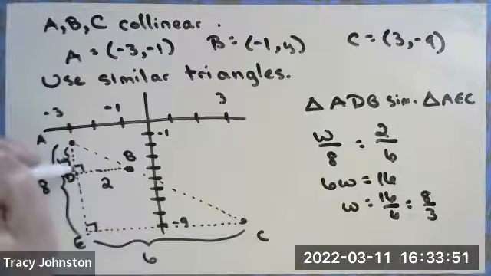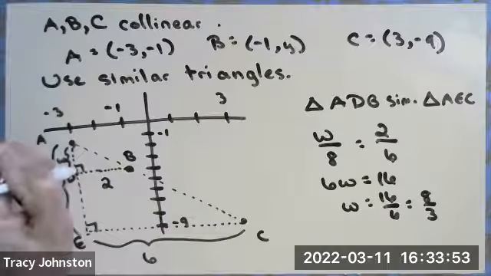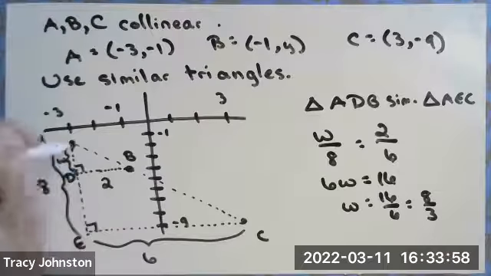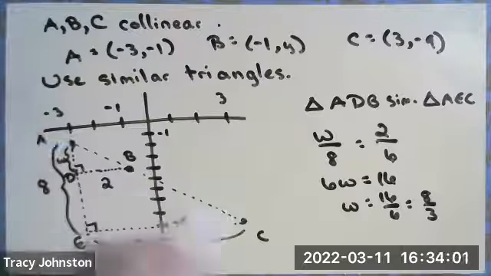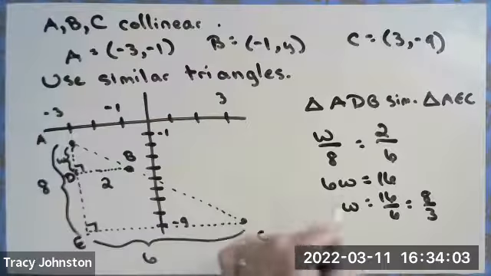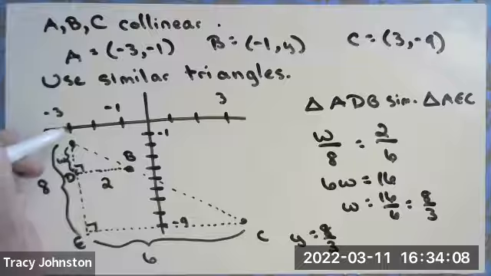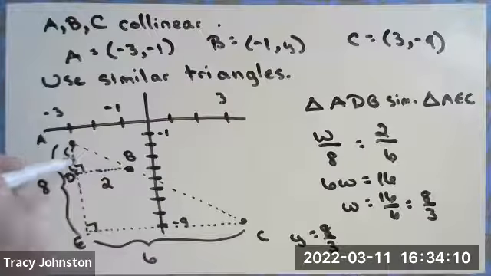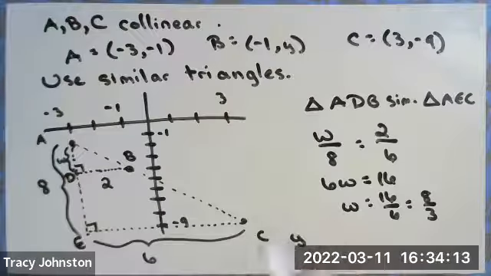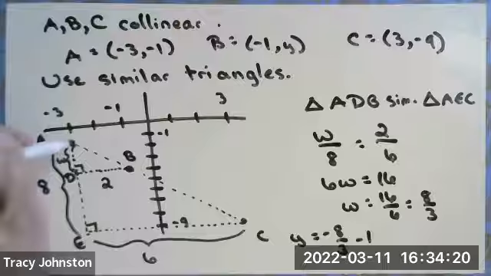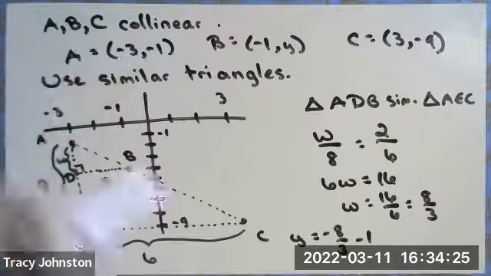So we know that this distance is 8/3, and therefore the y coordinate is this distance plus the distance above it. It's going down 8/3, so actually what we need is negative 8/3 down from the -1 that we started at, A's y coordinate.